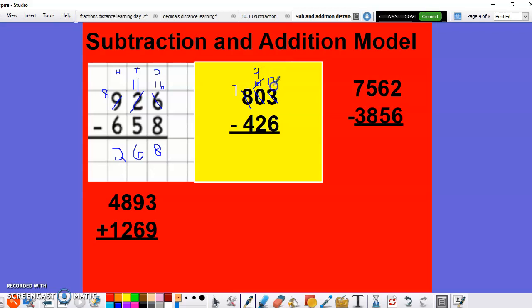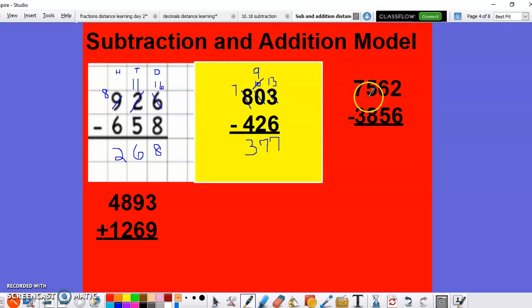So now there's more on top. 13 minus 6 is 7. 9 minus 2 is 7. And 7 minus 4 is 3. So my difference is 377.